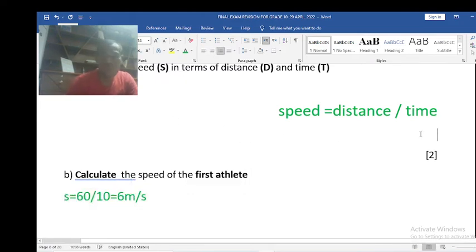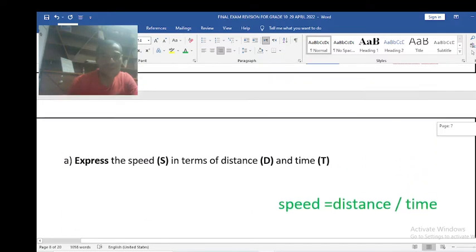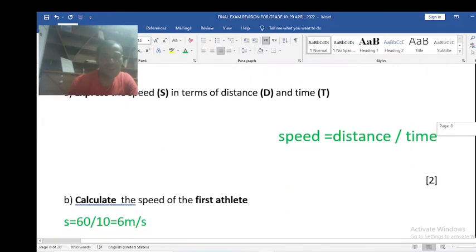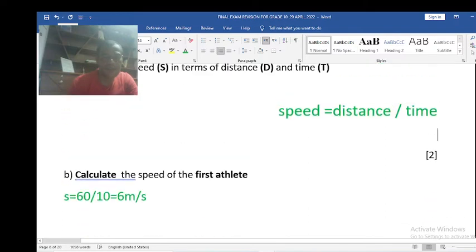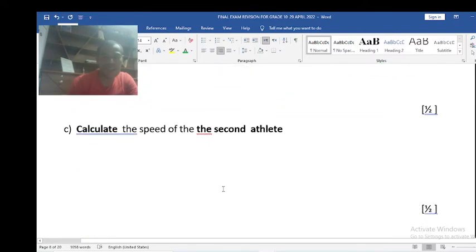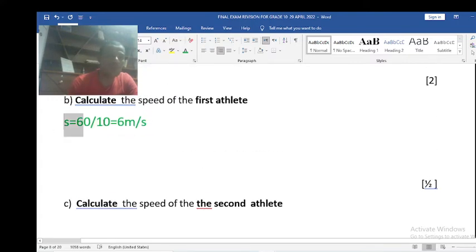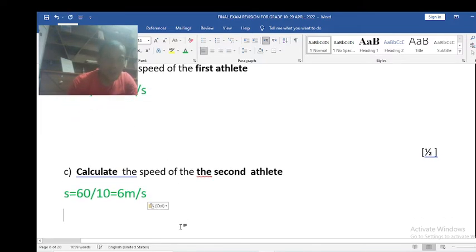Then for the second athlete, we have 20 meters in 5 seconds. So just make the division. I will copy this one, and I will write the second one: 20 divided by 5, which is equal to 4 meters per second. Then we are going to conclude which one is the fastest.